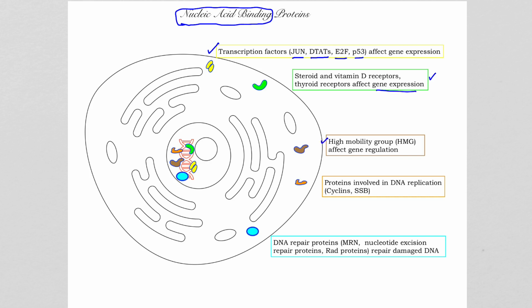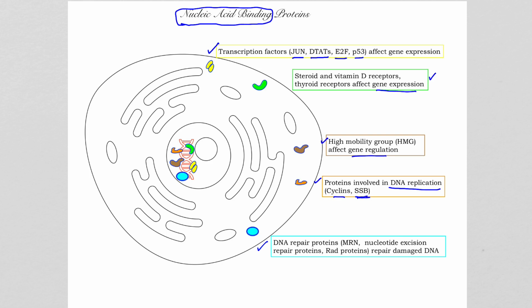And then another example, high mobility group or HMG proteins, that also affect gene regulation by binding nucleic acids. And then there are several proteins involved in DNA replication, which bind nucleic acids. Examples we'll talk about in the future under DNA replication or DNA synthesis are cyclins and single-stranded binding protein or SSB.